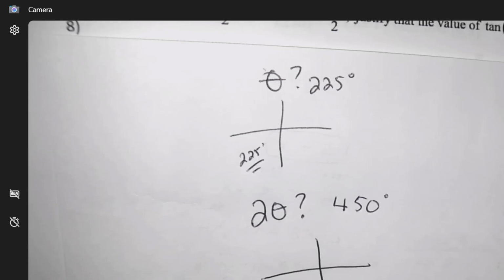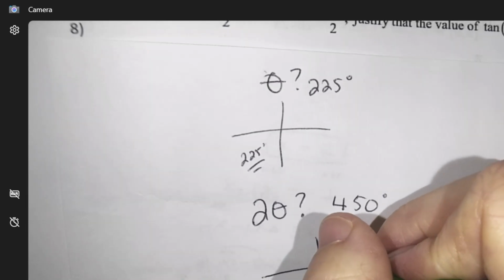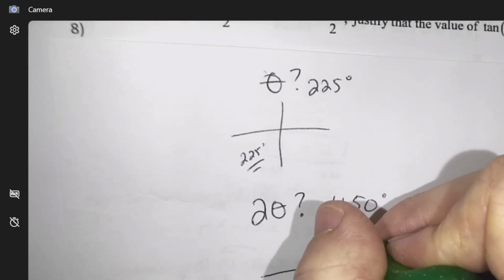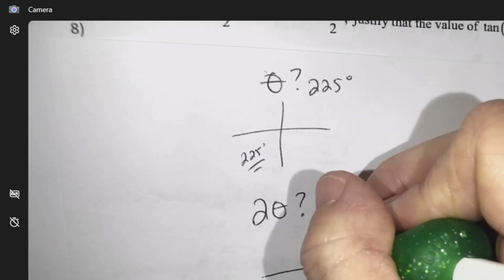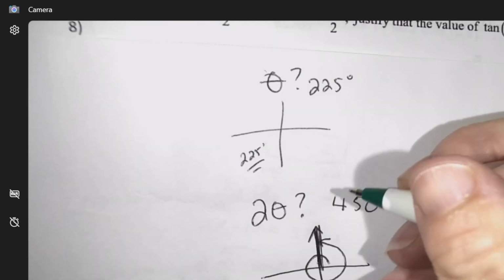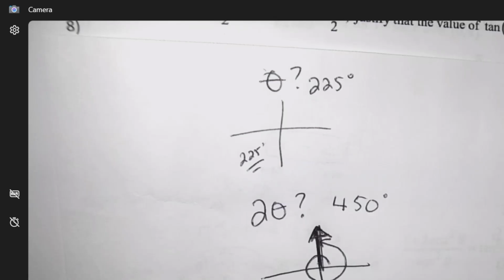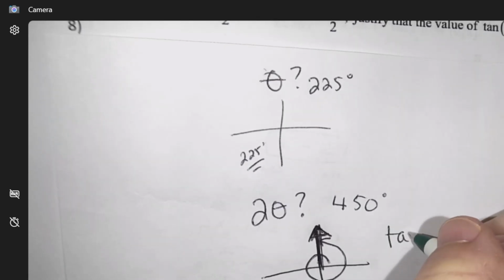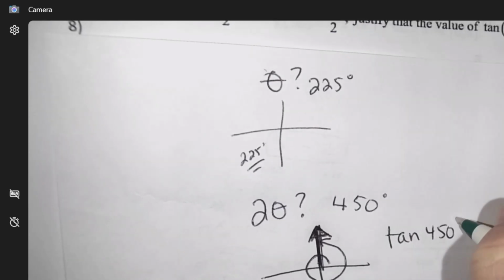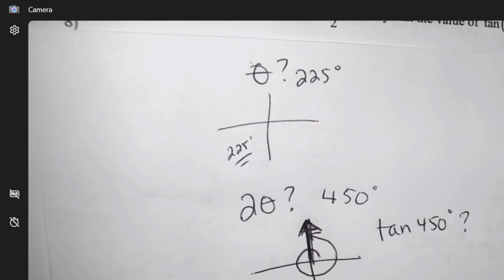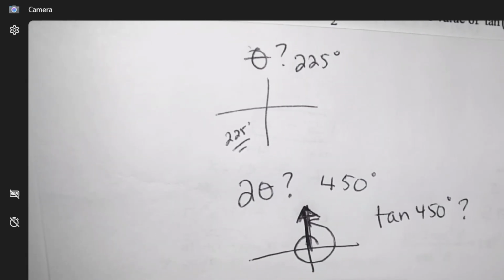Okay, so where do you land? So you're going to rotate and some. How many degrees past 360 are you going to be? 90. So 360 plus 90 is 450. So that's the location I'm at. So basically I'm trying to say, well, what's the tan of 450?